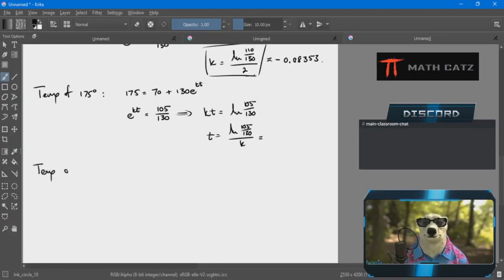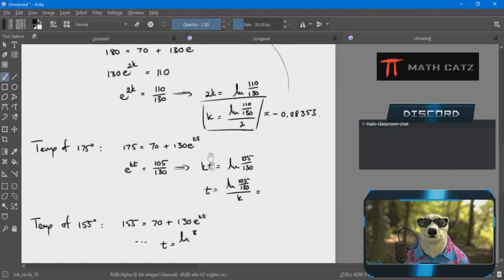I also want to know when the temperature is 155. That's the end of my window. So it's going to be exactly the same with a 155 for y, but follow the same pattern, and everything. You can verify that it's going to be the natural log of 85.